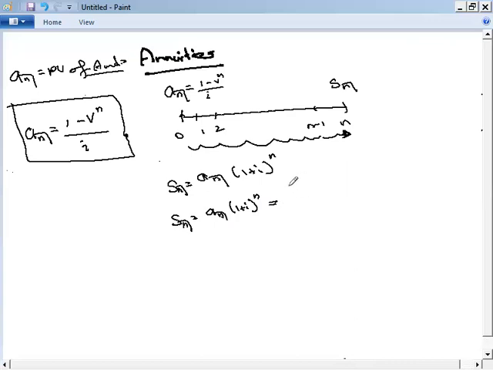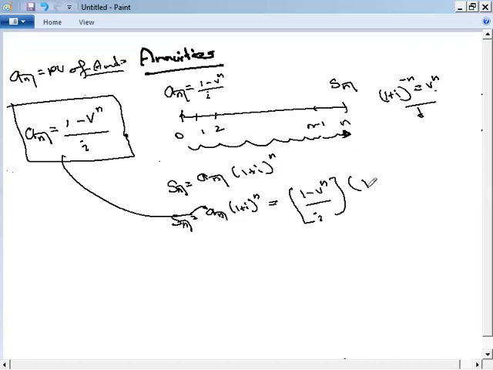We can rewrite it as what? Previously we substituted (1 plus i) to the power minus n as v^n, right? So similarly, we can substitute it again. Let's simplify this first. We substitute this a_n part here: 1 minus v to the power n over i, then we multiply it by (1 plus i) to the power n.